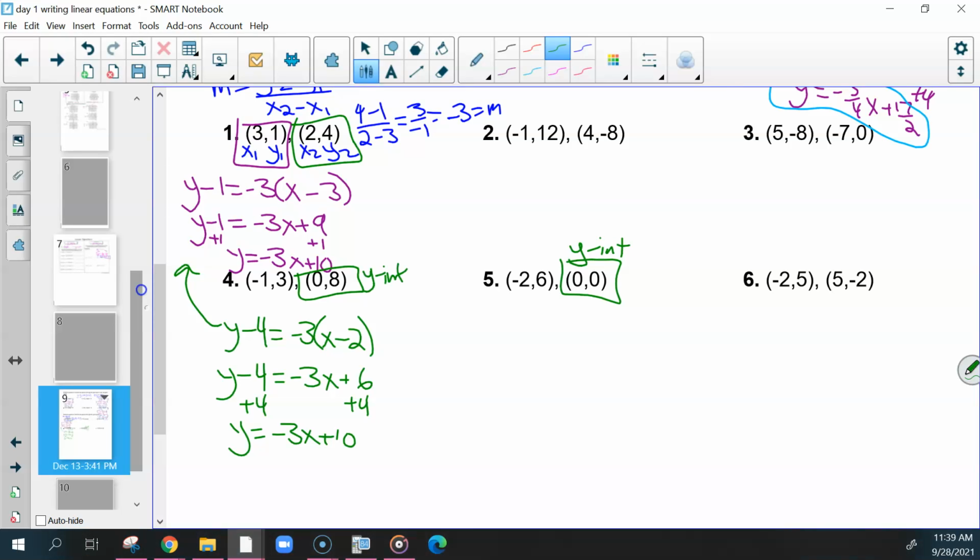If they give you that, you would just need to find your slope, and then you could put it in slope intercept form because you have your slope and your y-intercept. Something else, as a tip, after you find your slope and you're trying to choose which point to use, if it has a 0, I would use that one. Let's say you forget that it's a y-intercept and you just go solve it, that's fine. Go with the one that has a 0 because then you'll have less work.